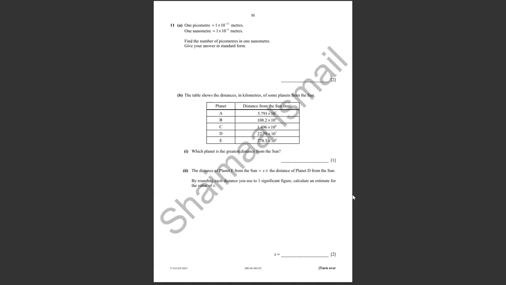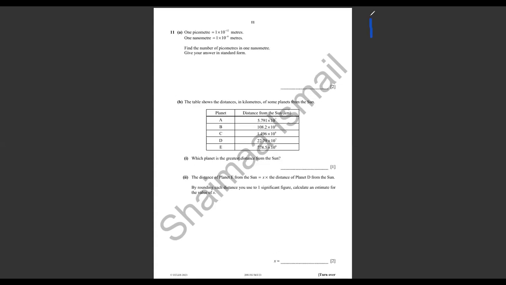Let's do this. He needs changing units, which he clearly wrote. So we need to go from pico to nano. 1 pico is 1 times 10 to the power -12, and we want to make it 1 times 10 to the power -9.